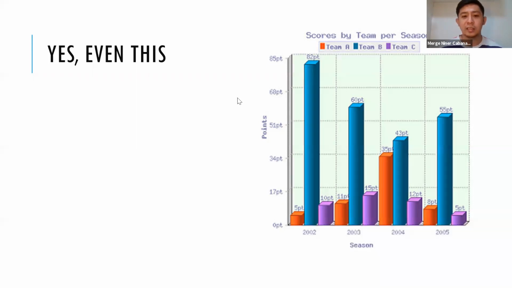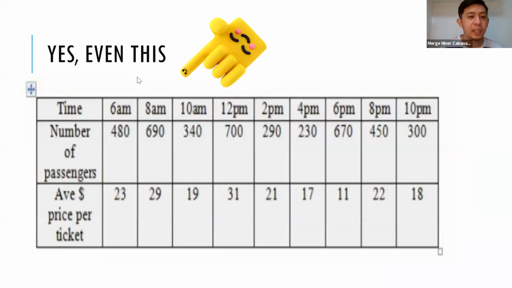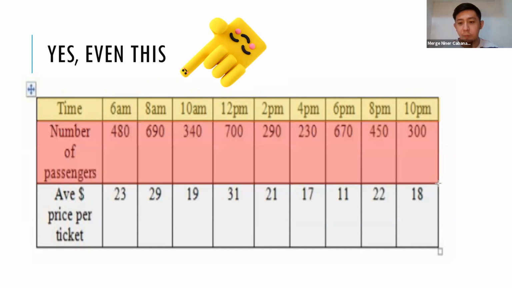Sir, what about this? Why did you tell us that even this one, we will be using the line graph approach? Well, as you can see, we have time. Where? Let me draw this to you once again. We have time, from 6 a.m. until 10 p.m. The first data, the number of passengers, is being compared from 6 to 10.